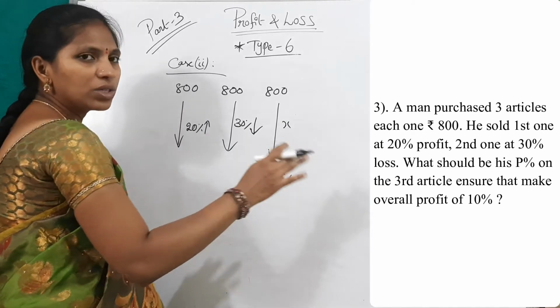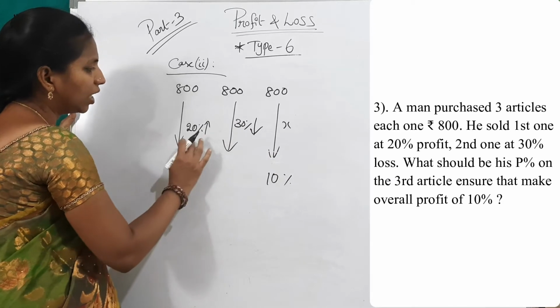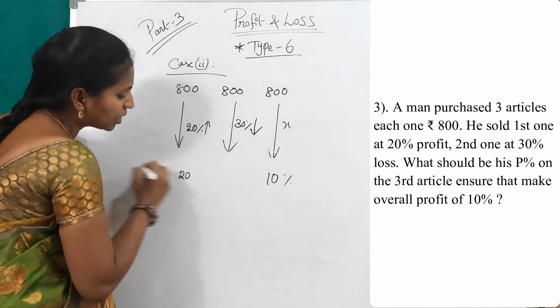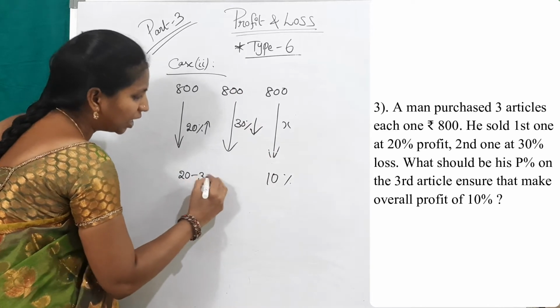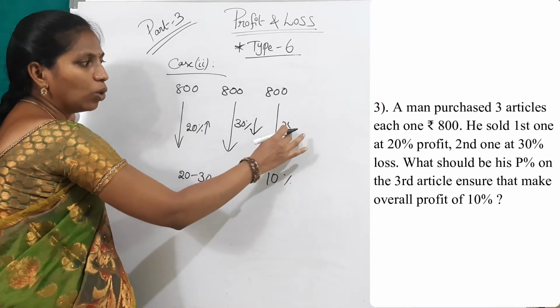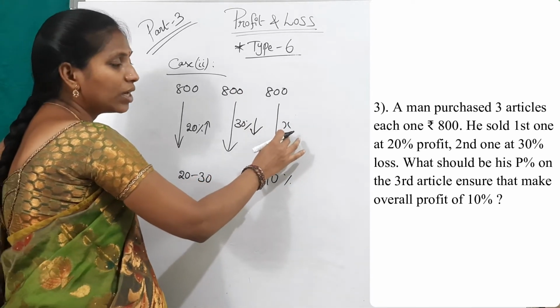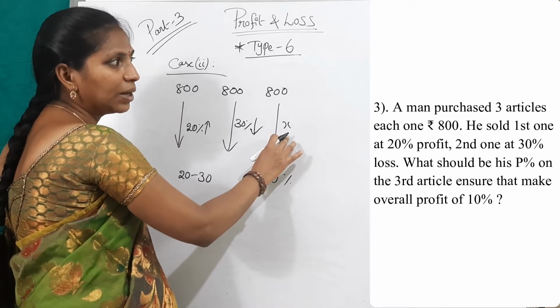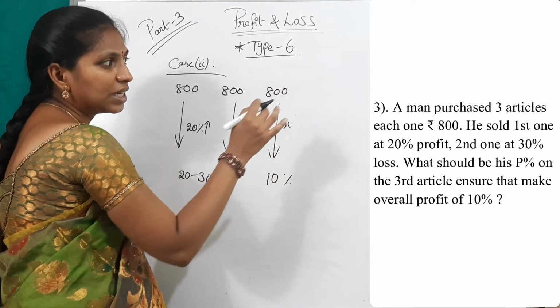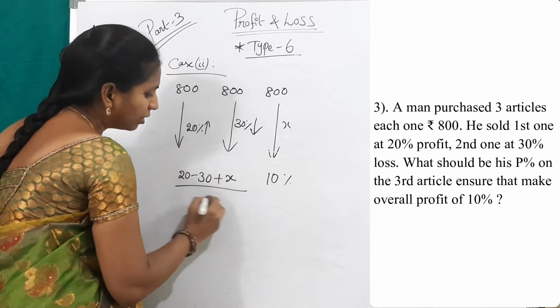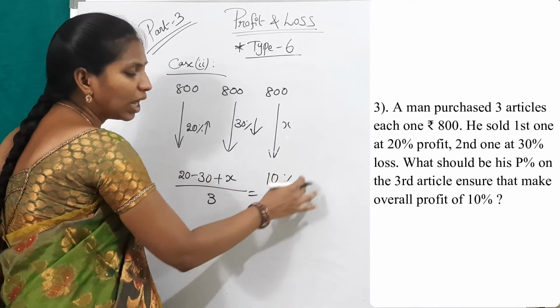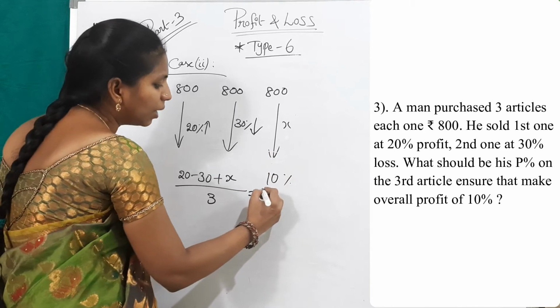10%. By using the average formula, 20% profit means plus 20 and 30% loss means minus 30, and here we don't know the X value, but they have mentioned profit, so plus X, by 3, equals the overall percentage, 10%.